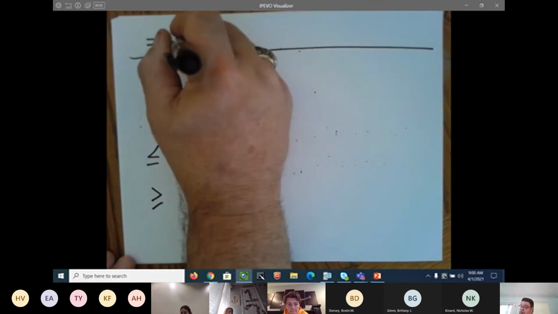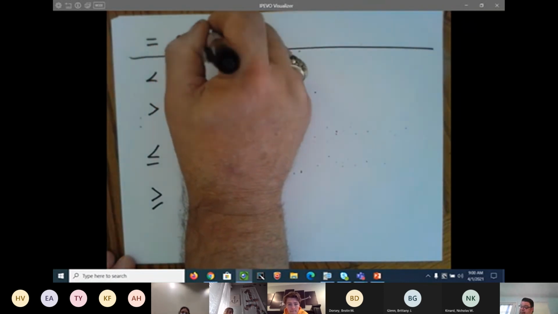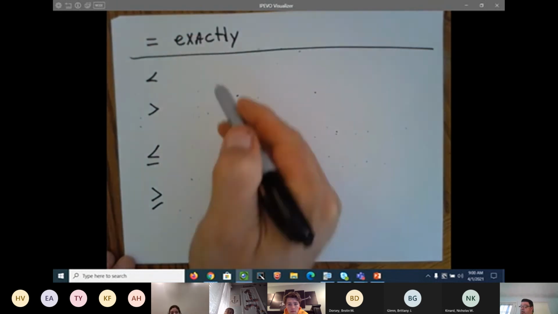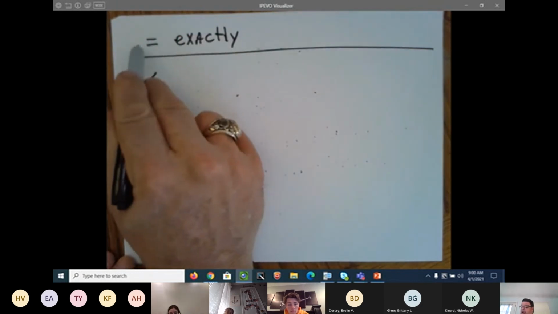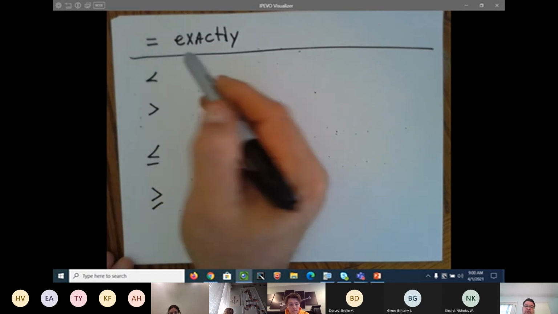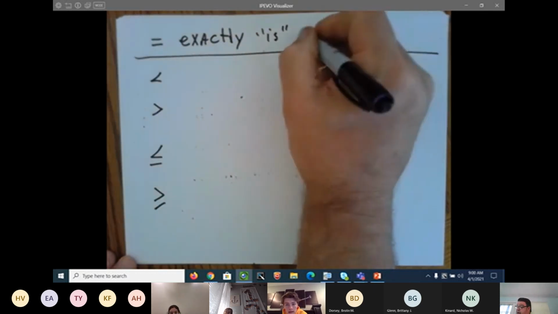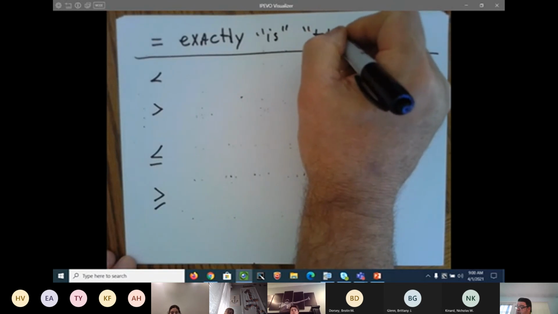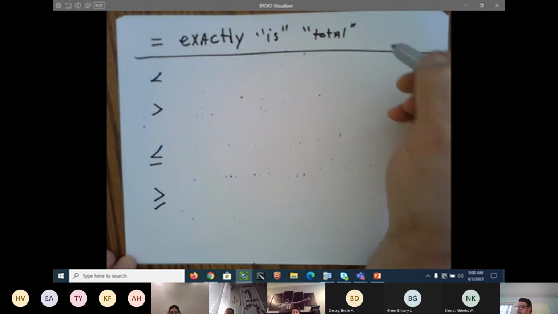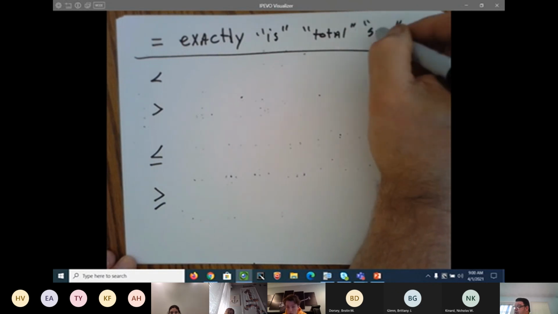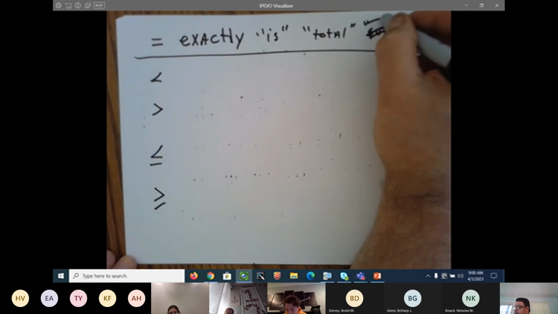This one means exactly. You don't have to know too much about this one because it means total, sum, product, no, not sum and product, that's plus and multiplication.